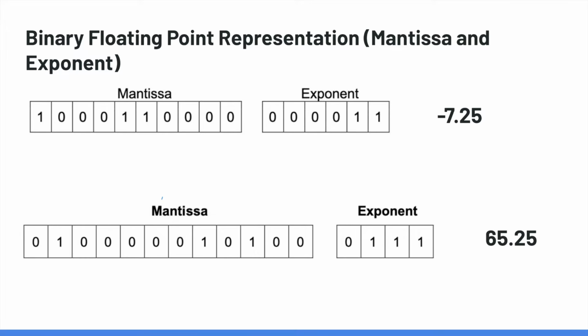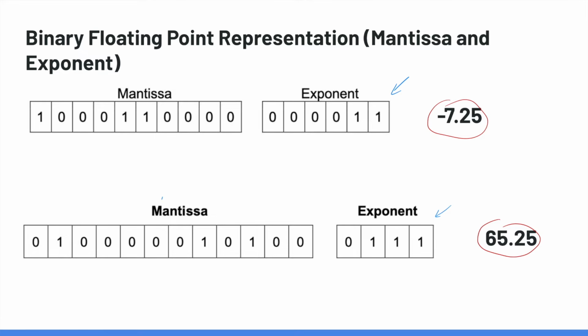So here I've got two decimal numbers and their floating point equivalents. These are obviously our denary or decimal numbers, which we're used to seeing. And on the other side right here, we've got our floating point equivalents. Every binary floating point number is going to consist of a mantissa and an exponent. The easiest way to understand what the mantissa and exponent are and how binary floating point numbers work is to consider that they follow a similar format to scientific notation.